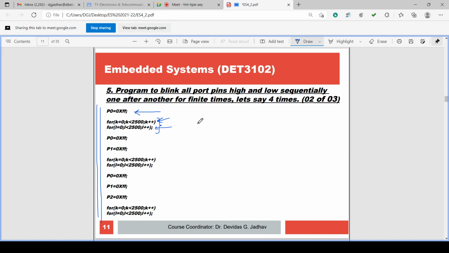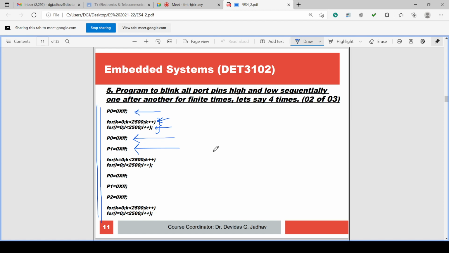Isn't it? Then after this delay, again P0 is outputted 1, and P1 is also outputted 1. Already P0 is 1, again P0 is outputted 1 and P1 is outputted 1.